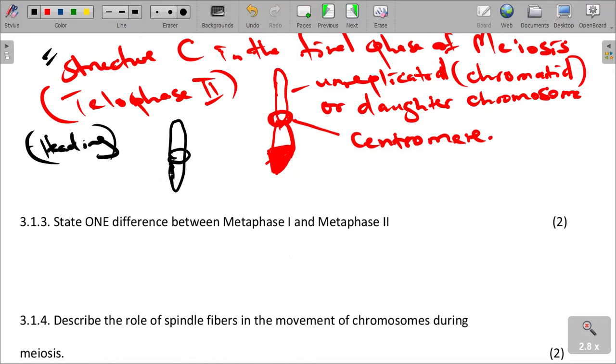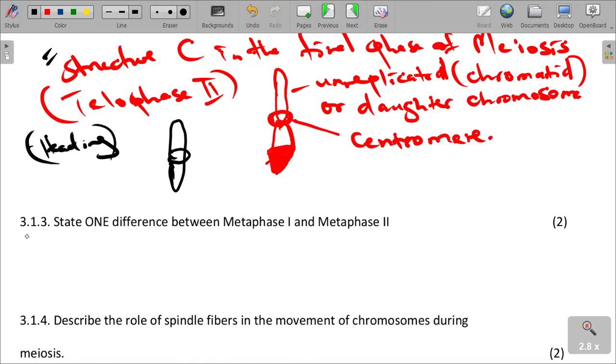State one difference between metaphase 1 and metaphase 2. In metaphase 1, the chromosomes arrange at the equator in homologous pairs.